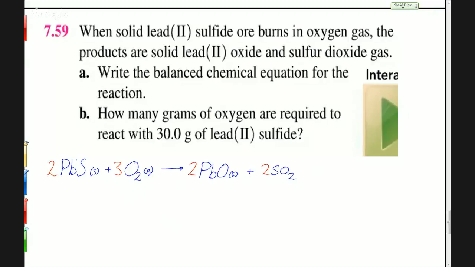And think about all the skills required. You have to be able to first write the formulas from the names, then put them into an equation form, and balance that equation. And only then can we go on to the next part, which we'll do next time, where we calculate this stuff.